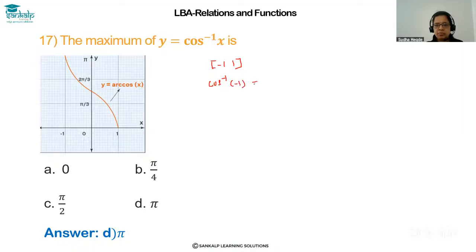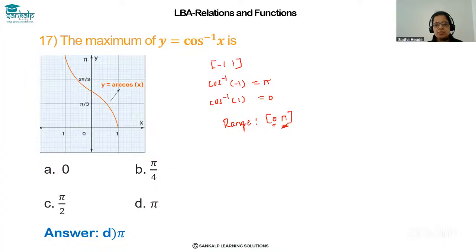It is pi. Correct? And check what is cos inverse 1. It is 0. Therefore, the range of cos inverse x is 0 to pi.